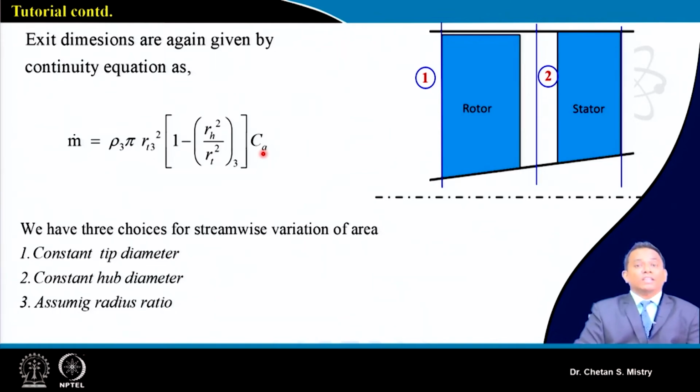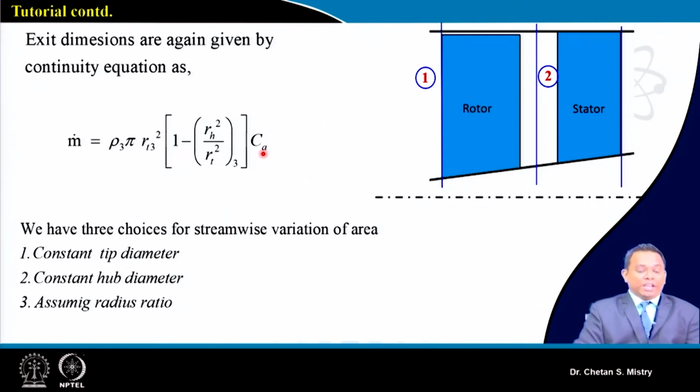For a single stage transonic compressor, what we know is that my entry area and exit area will be different. In order to calculate our exit dimensions, we need to fix one of the radii. Based on our equation, we can then calculate the radius of the other station.